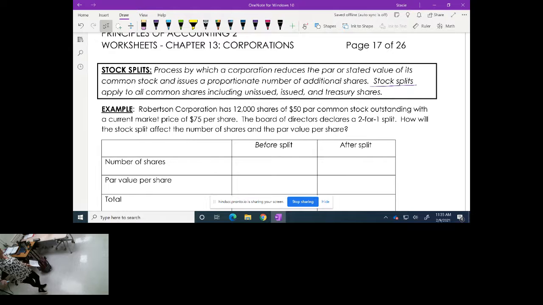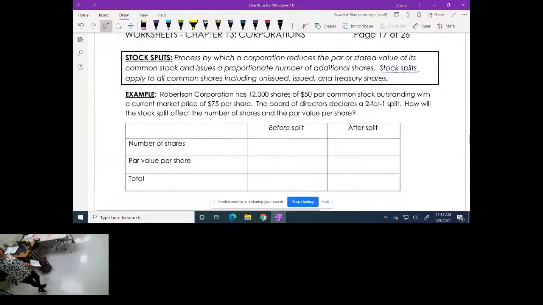That makes sense? I've seen them like 2-for-1. I've seen 3-for-2. Like if you have 2 shares, they'll give you 3. I guess it depends on what their goal is as far as getting the price down and diluting their par value. But this is just showing you how it works.